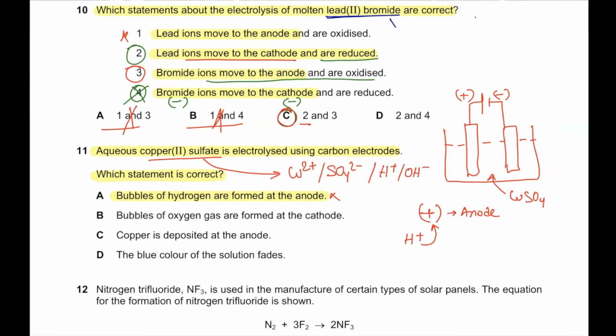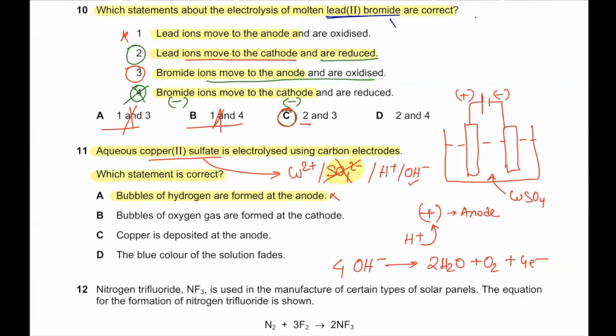Now, according to the reactivity series, we know that sulfate cannot be released from aqueous solution, so we'll just cross it out. All right. Now, for the hydroxides, which can be released, 4OH- produces 2H2O and 1 O2, and gives up 4 electrons.